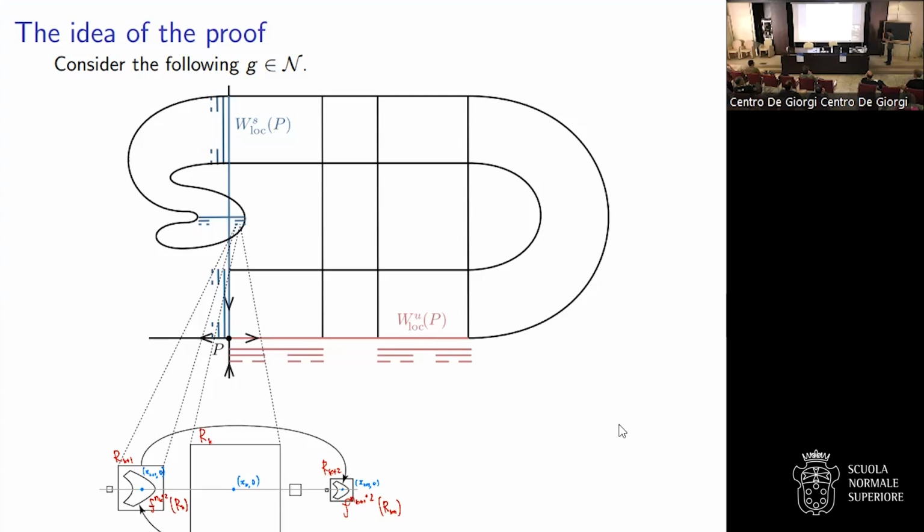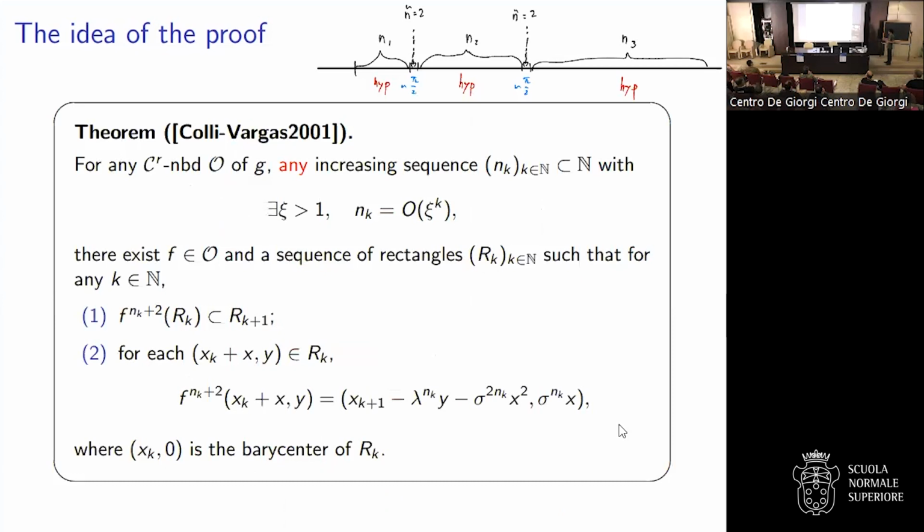Yes. And a good thing, again, is that by this Colli and Vargas perturbation, the horseshoe and the tangency G2 map are not destroyed.